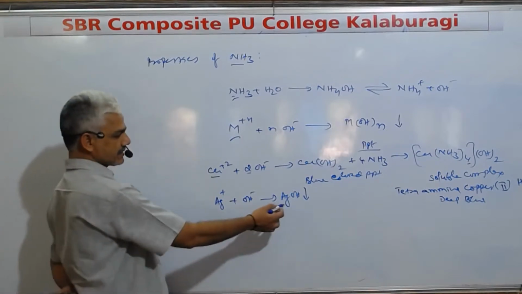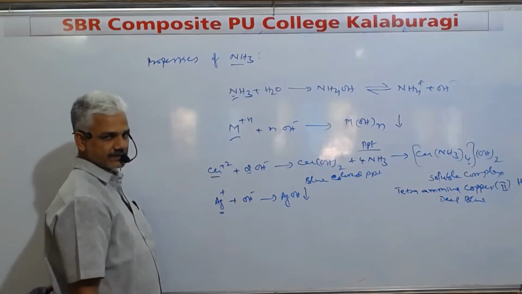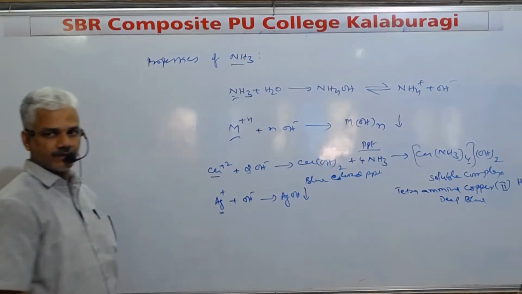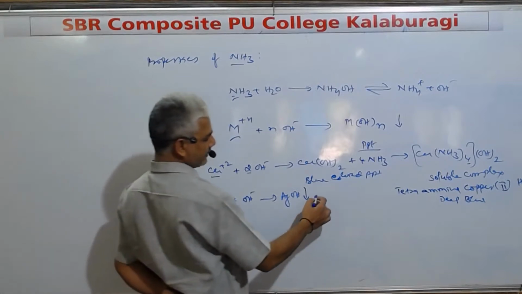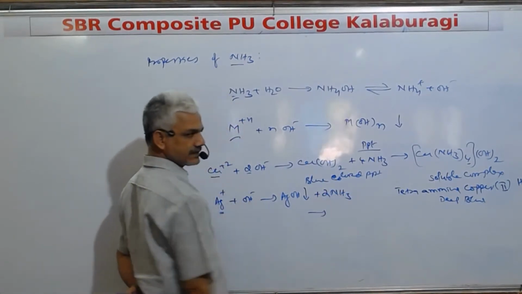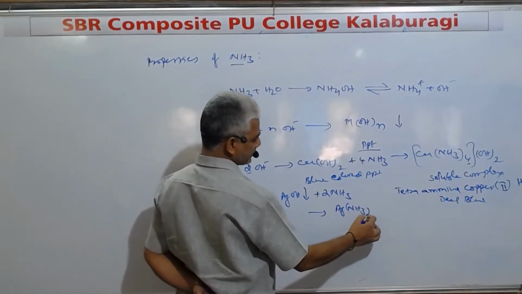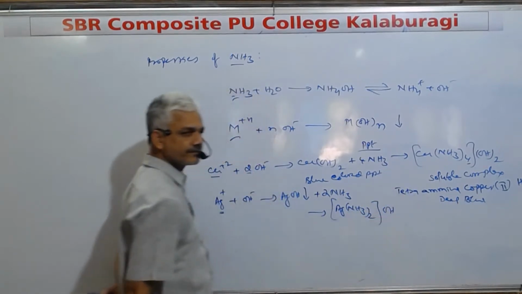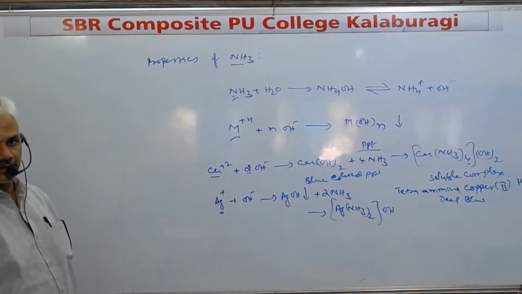So formation of such a display indicates the presence of silver ions. Here also, this silver hydroxide is again soluble in excess of ammonia. So those complexes we have to remember. Silver hydroxide dissolves in excess of ammonia and gives this soluble complex. It is called diammine silver hydroxide.